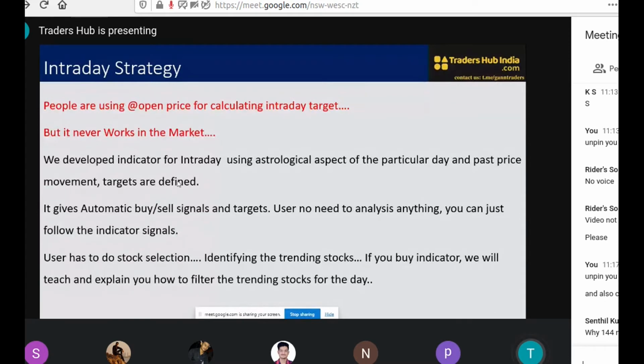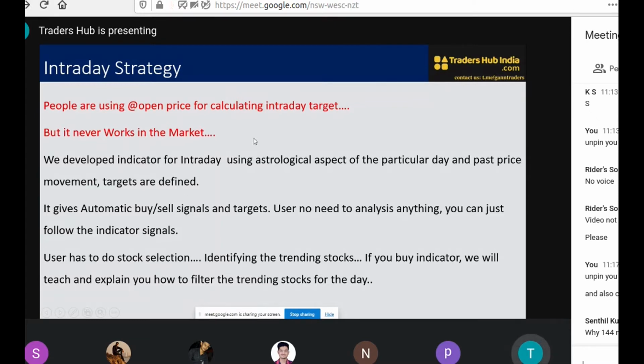We have small-priced stocks and big-priced stocks, like 100 rupee stocks, 50 rupee stocks, even 400 rupees, up to Bank Nifty at 25,000 to 30,000 rupees, even MRF at 80,000. So it never worked for me in the market.